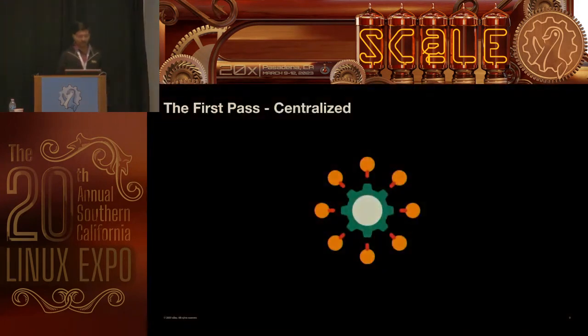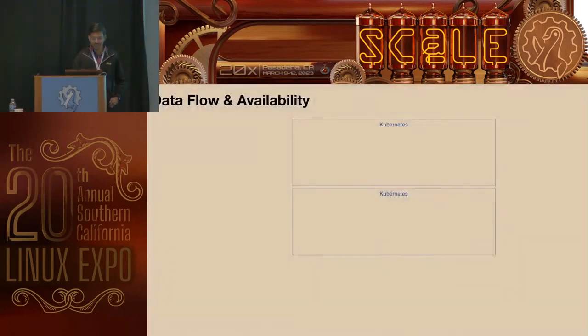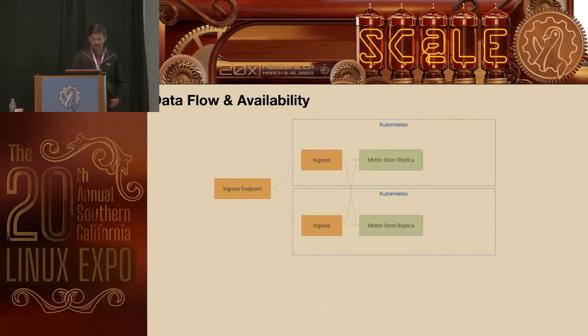So we did a first pass, which was to come up with centralized metric store or Prometheus TSDB clusters. So if you have a couple of Kubernetes clusters on which the metric store platform was deployed, what you would see is that there would be an ingress or ingest endpoint, which basically writes into ingest pods within those Kubernetes clusters.